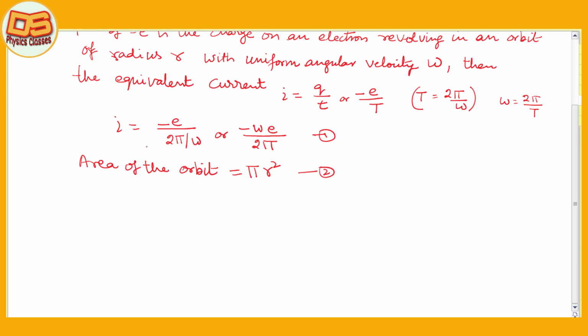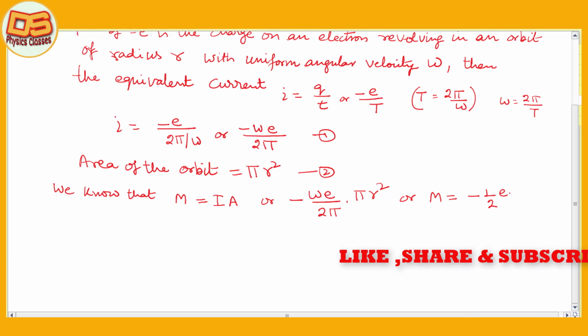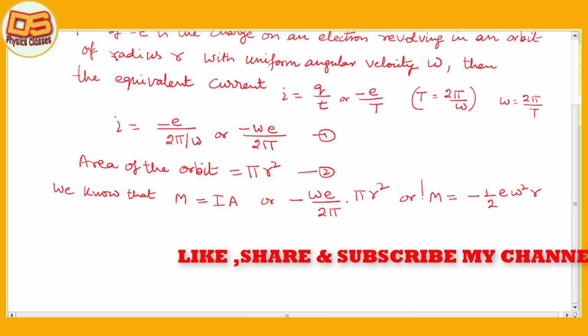Then we know that magnetic moment m is equal to I A. From equations 1 and 2, with I equal to minus omega e upon 2 pi and A equal to pi r square, this can be written as m is equal to minus half e omega r square.